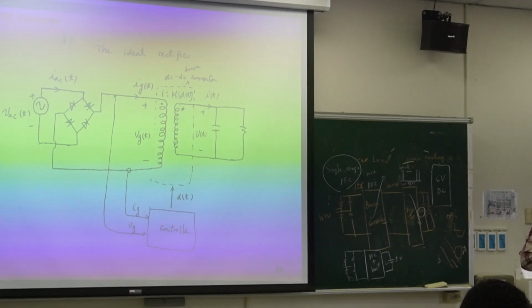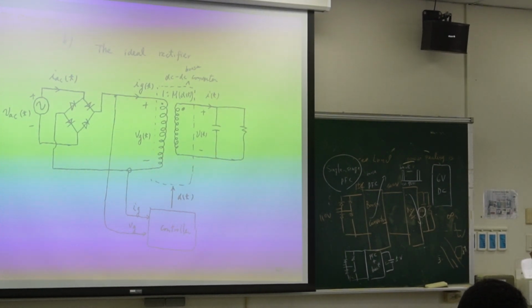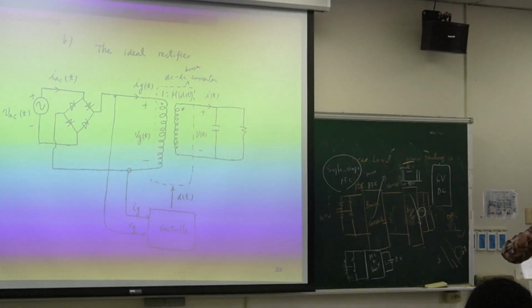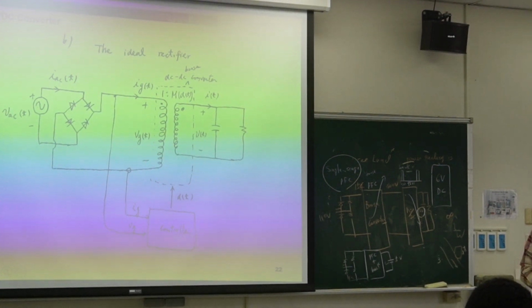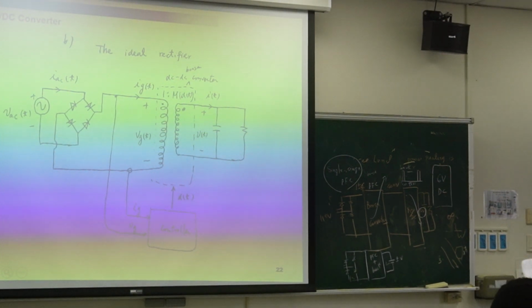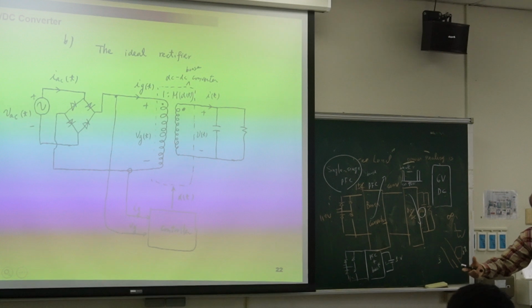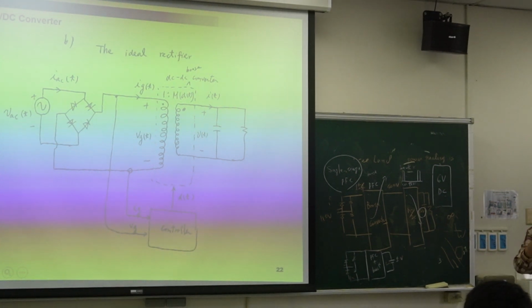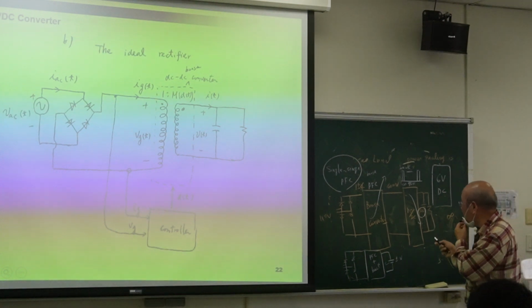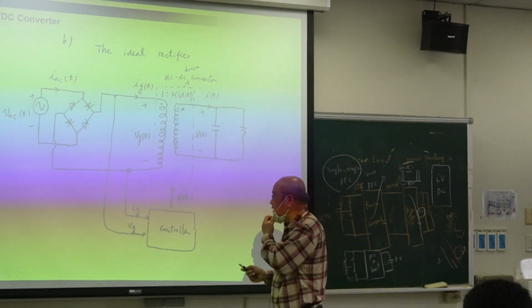The PFC focuses on input current. But now you only have one converter, and you have to care about two things. Then how can you do this? You can say, I can pay half time for PFC, half time for regulation. Then it is a good idea, right? So we have many papers focused on this issue.